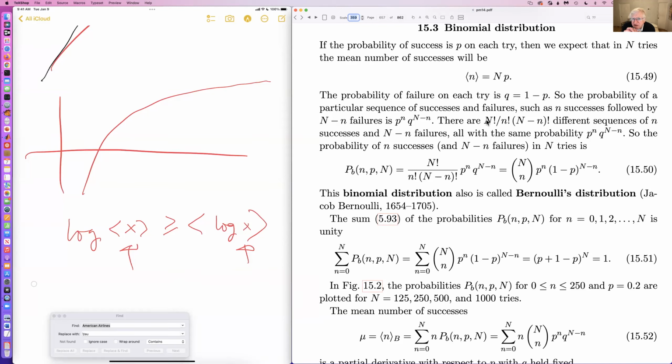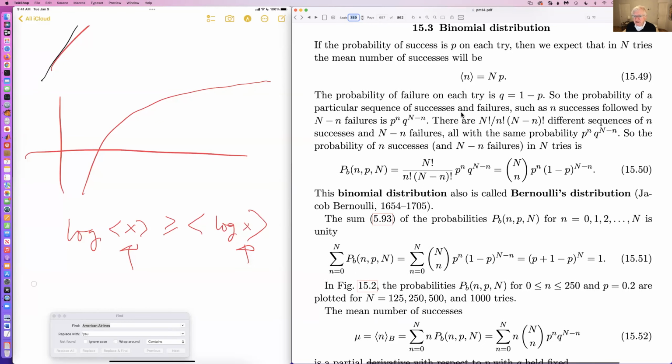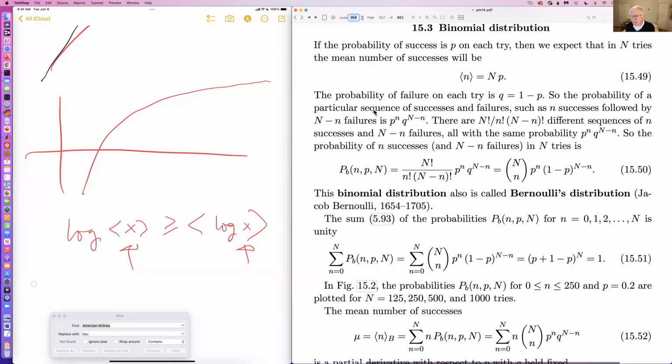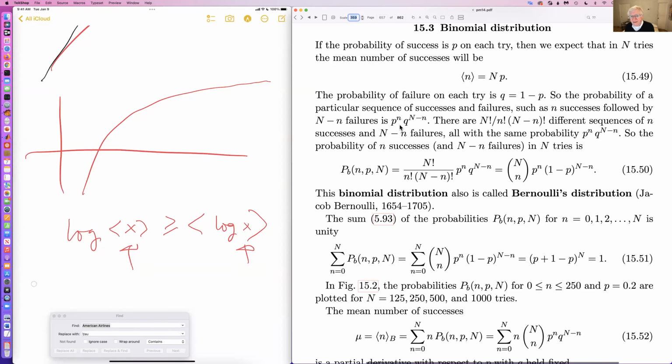The probability of a particular sequence of successes and failures is P raised to the n power and Q raised to capital N minus little n.